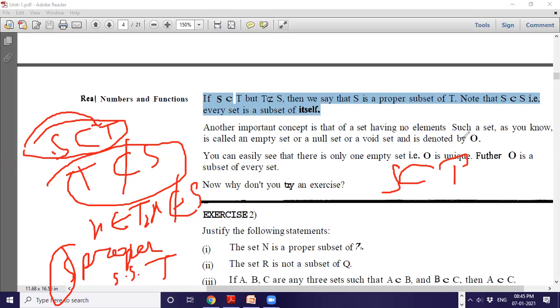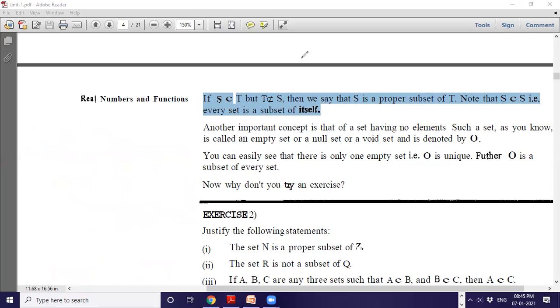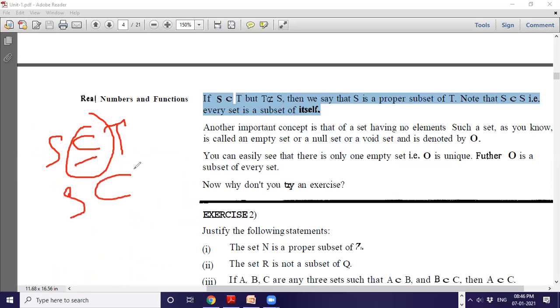So इसीलिए ये confusion को दूर करने के लिए sometimes we write, actually we used to write this symbol to denote subset, and this symbol to represent proper subset. Got it? Is this clear? I hope this is clear.